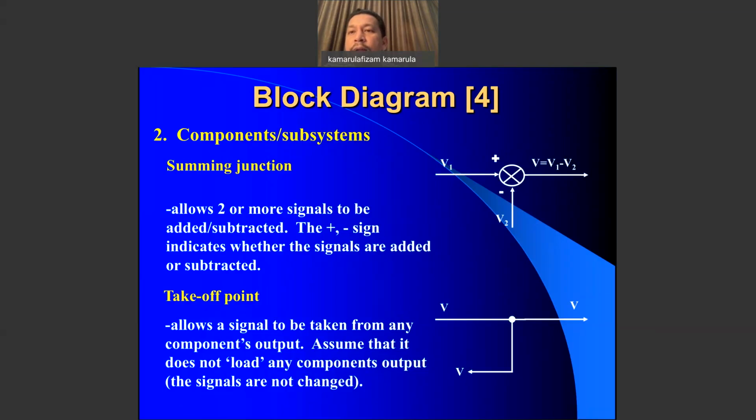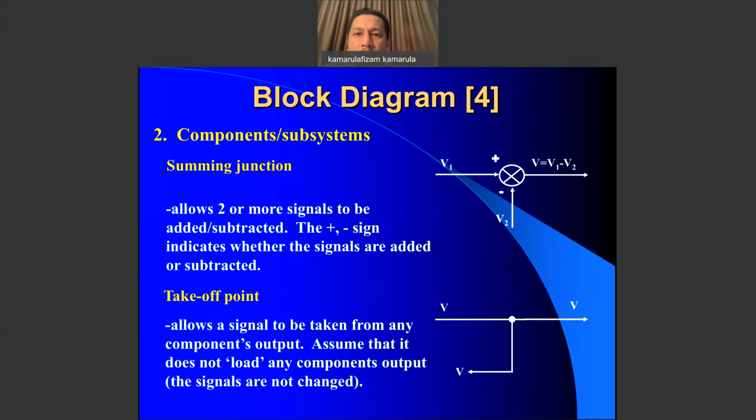As you can see, V is equal to V1 minus V2, because of that sign. If V2 is coming in with the plus sign, then you will have V equal to V1 plus V2. All right, so this is the summing junction.